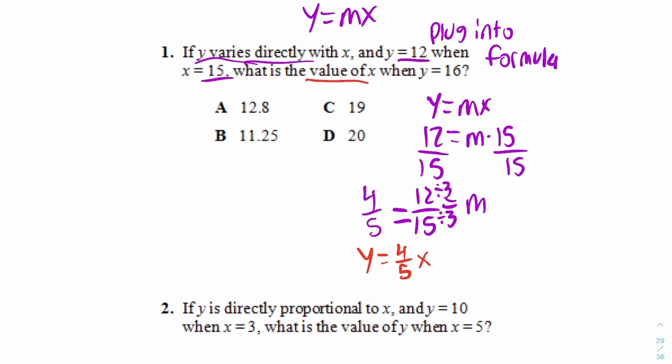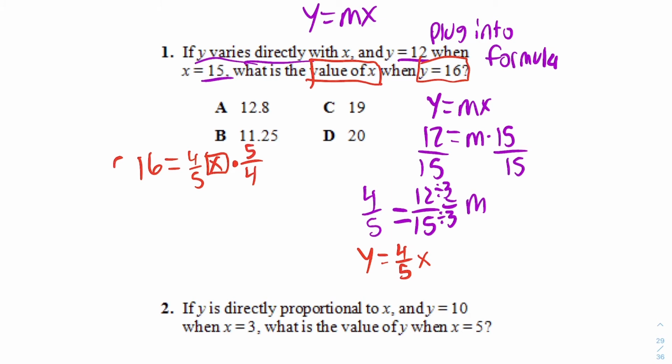We want to find this new value of x when y is 16. So we'll put 16 for y, 4/5 times x, and then we need to solve for x, so we need to remove the 4 divided by 5 that's in front of it. The 4 is multiplying, so to remove it we divide it. The 5 is dividing, so to remove that we multiply by it.